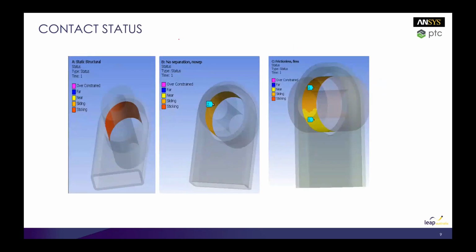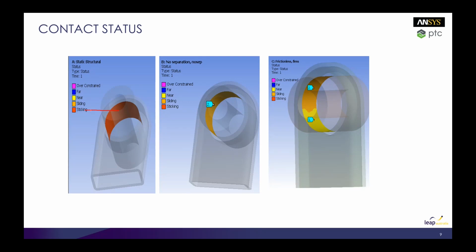Okay, so if we look at the contact status for different contact types, we've got a contour plot with five different colours. A bonded contact is essentially sticking, so there's no sliding and no gap in the normal direction.